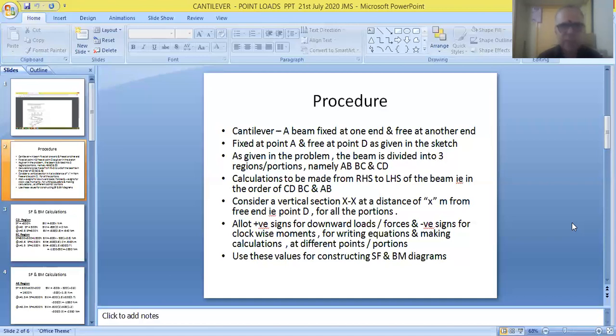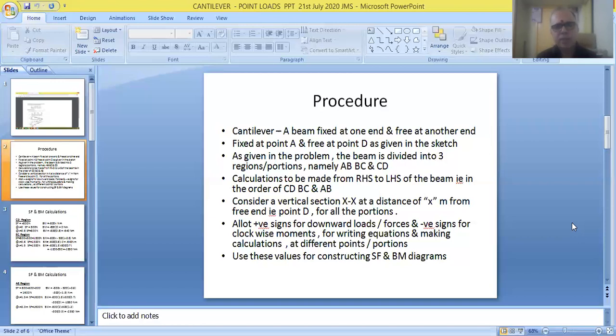According to the number of loads shown in the problem, it is enough if the beam is divided into three regions. AB should be used for indicating the first portion, BC for the second portion, and CD for the last portion of the beam.